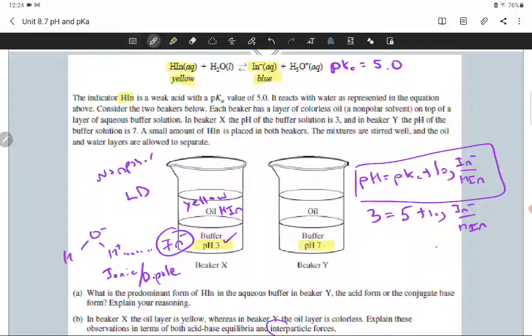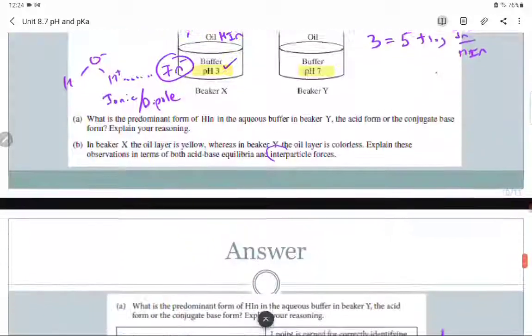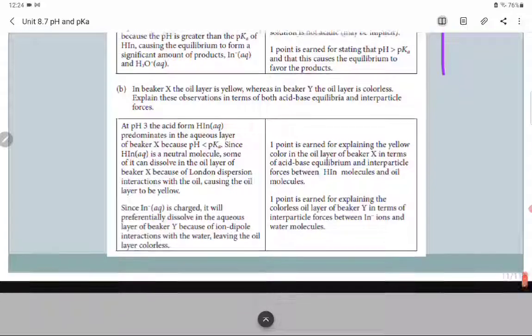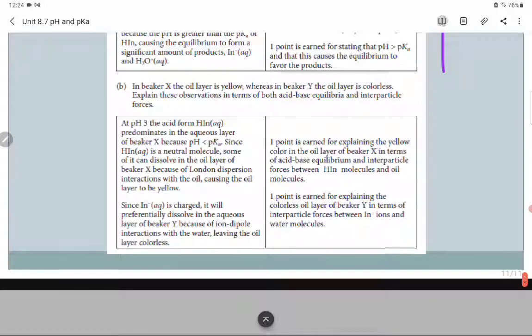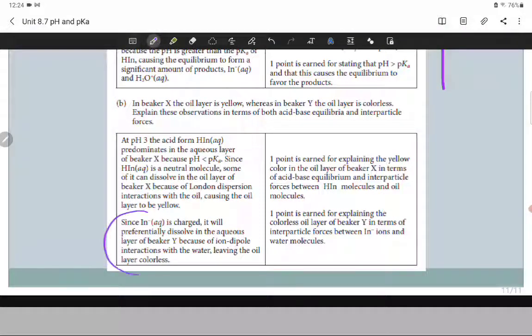But in the other one, the oil layer is colorless. Let's see if they match up with mine there. Let's go down to this part. So they did mention the charged particle. Oh, they did mention ion dipole. I called it ionic dipole. They called it ion dipole.